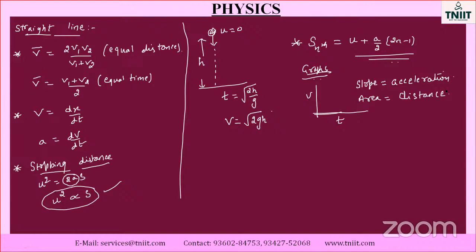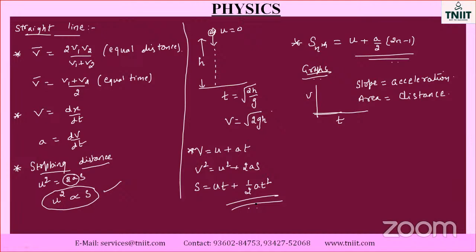The area represents the distance. In addition to this, you have to remember the three standard equations: V is equal to U plus AT, V squared is equal to U squared plus 2AS, and S is equal to ut plus half of at squared. These are the three formulas you have to remember in motion in a straight line.